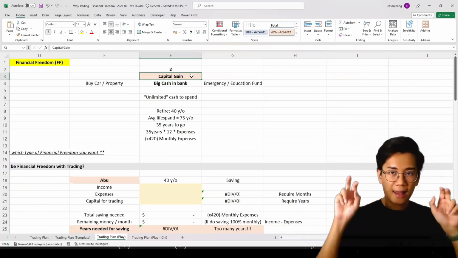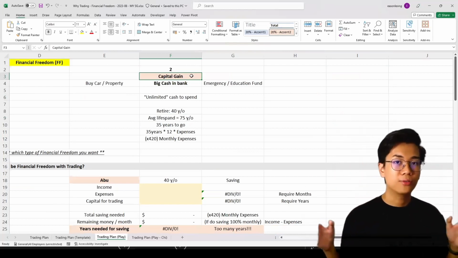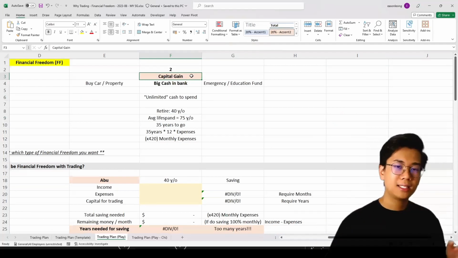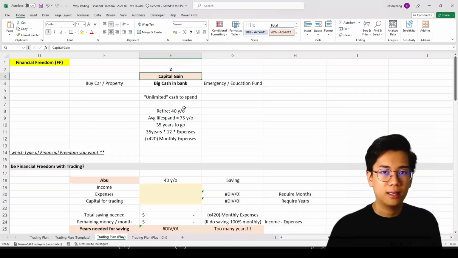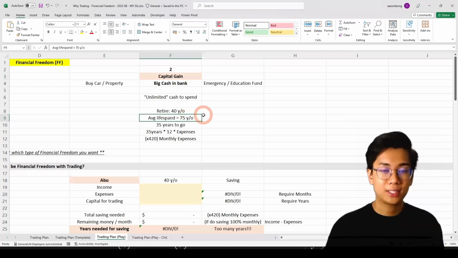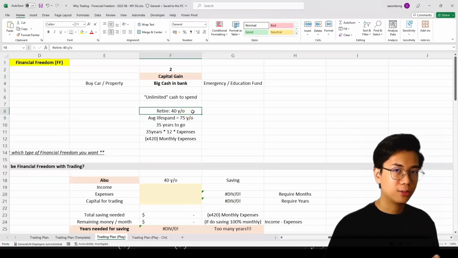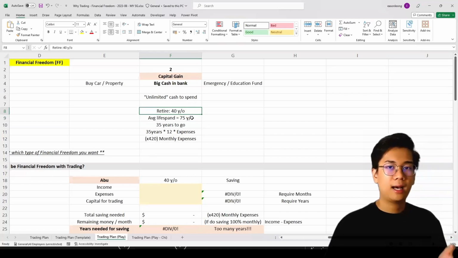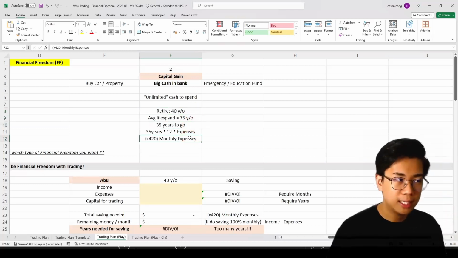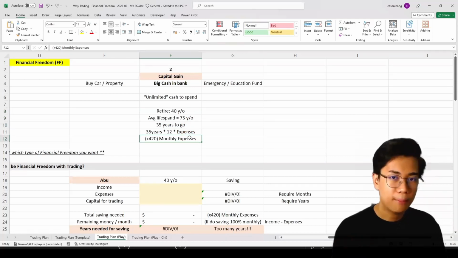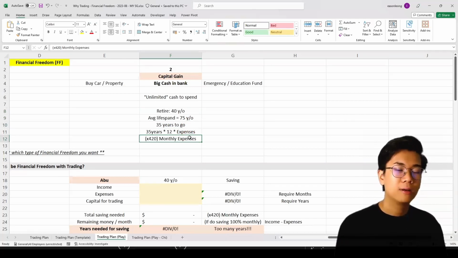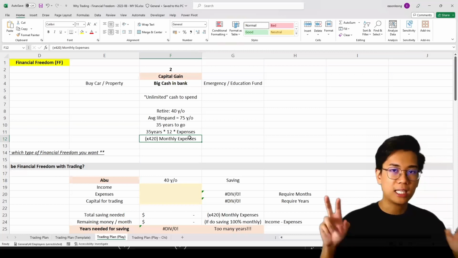To have this unlimited cash to spend for retirement, at least you need to spend until you reach the average lifespan, like 75 years old. Assume that right now you are 40 years old and you retire. There are 35 years to go, so you need to save 420 months of expenses before you can retire for cash flow capital gain financial freedom.